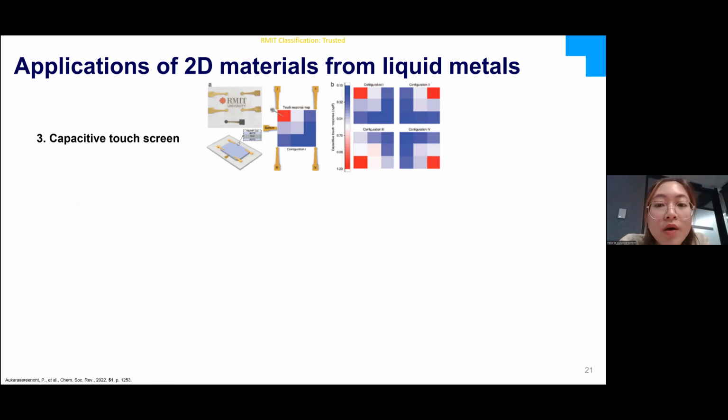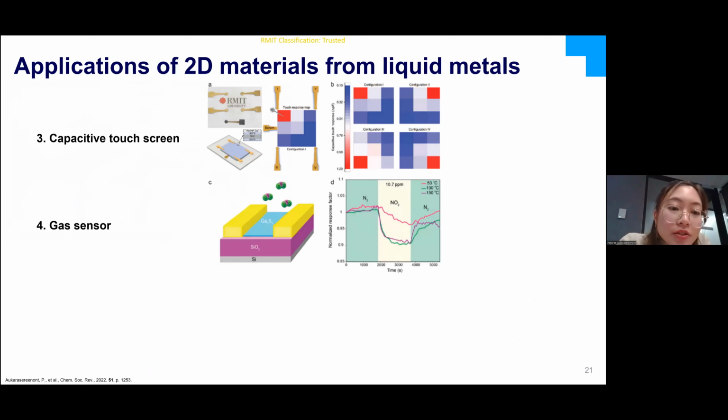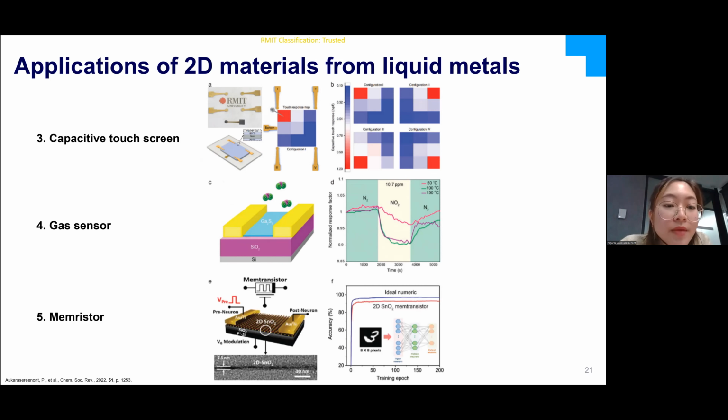This one is ITO. Gas sensor: this one is gallium sulfide, which was synthesized by post-growth processing. And this one is some memory work from 2D tin oxide, and a lot more that I wouldn't talk about in this talk.